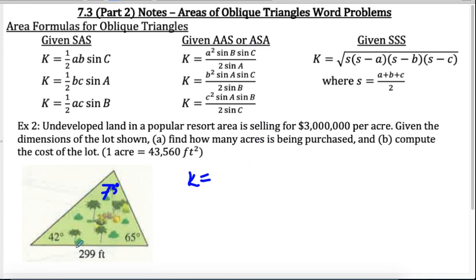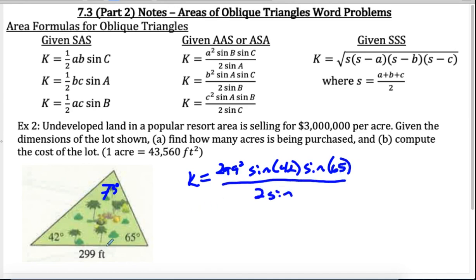The one side that I have is 299, so 299 squared times the sine of 42 times the sine of 65, all over 2 times the sine of the opposite angle.